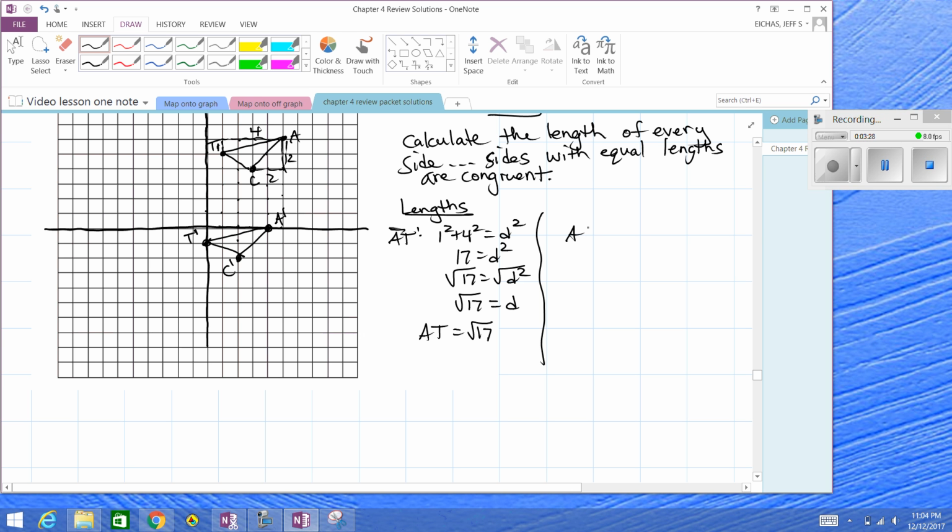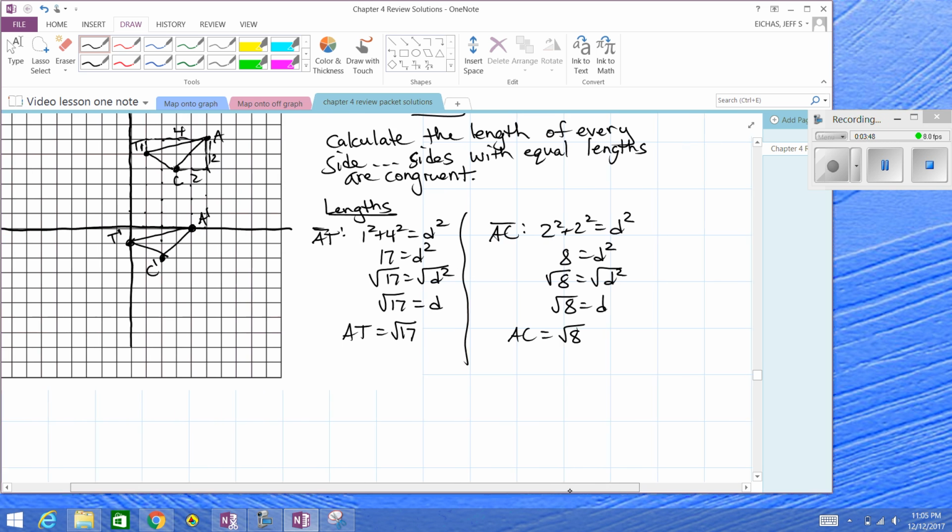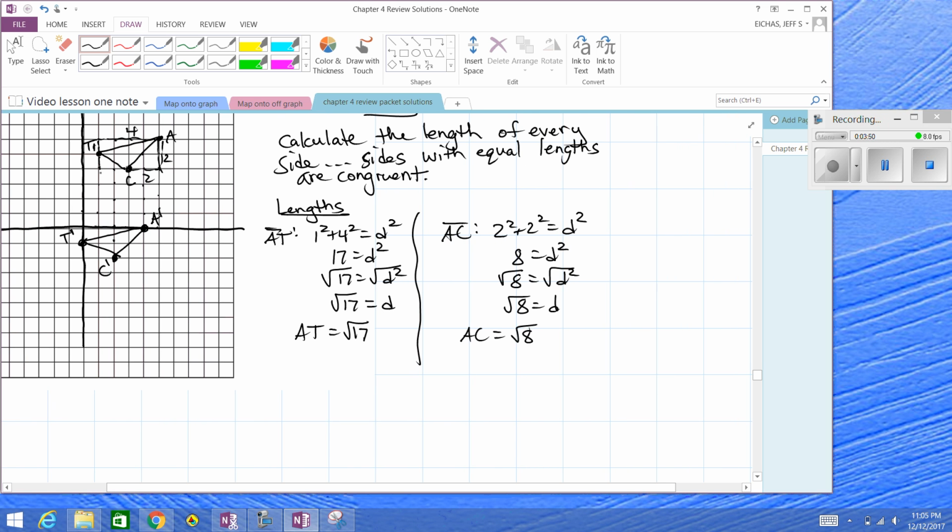All right, now AC. It's going to be 2 squared plus 2 squared equals d squared. That's 8. Square root both sides. So now AC is the square root of 8. Okay, keep rolling through here. And finally we'll go to TC.